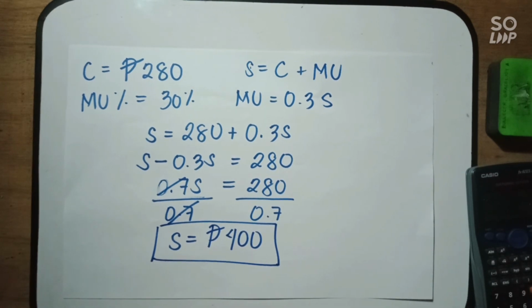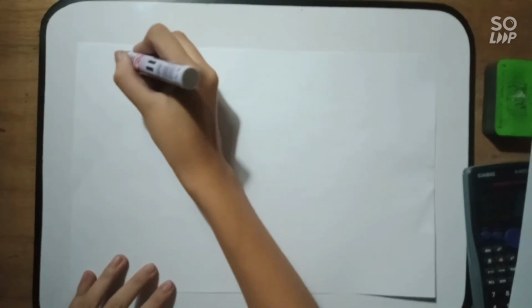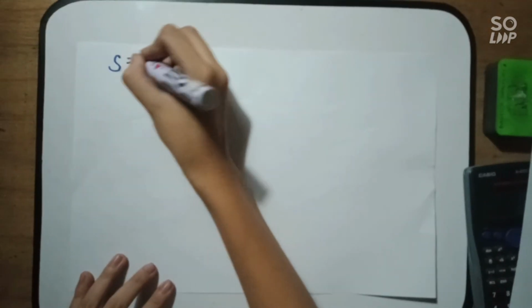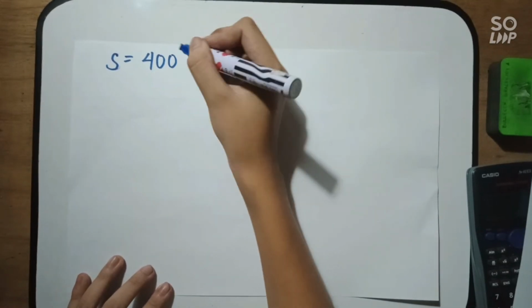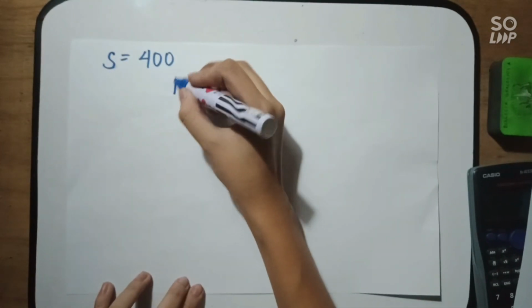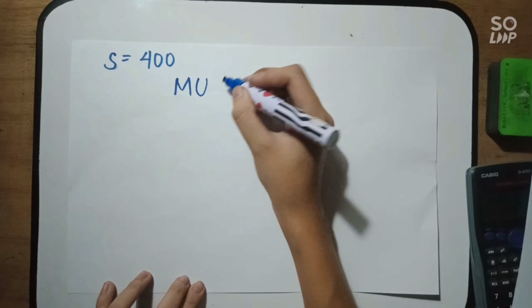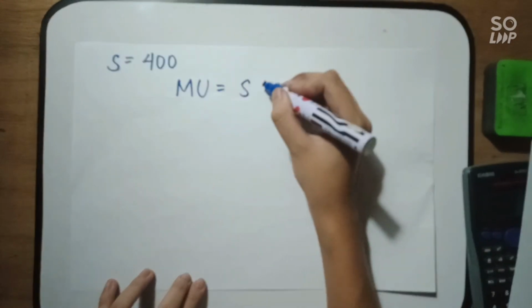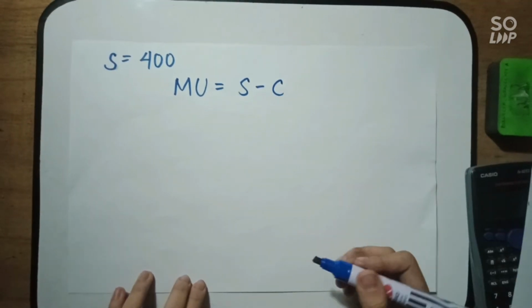Since we already have the value for the selling price, which is 400 pesos, we can now solve for the value of the markup. For the markup, the formula that we will be using is markup is equal to selling price minus the cost of the product.